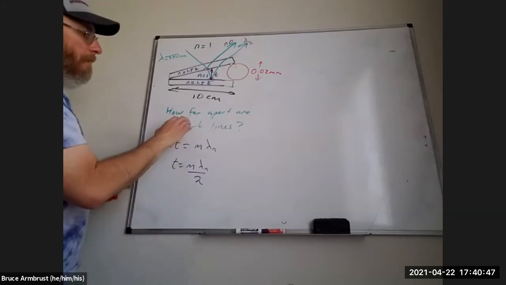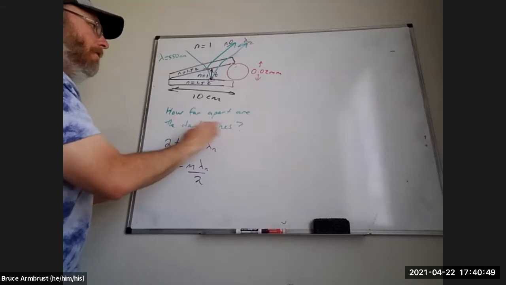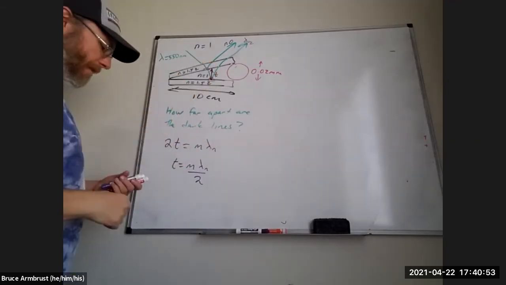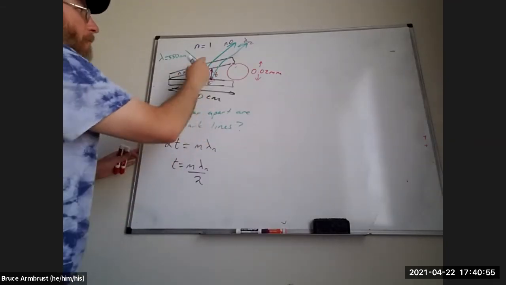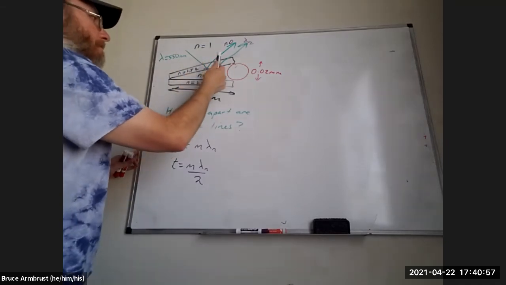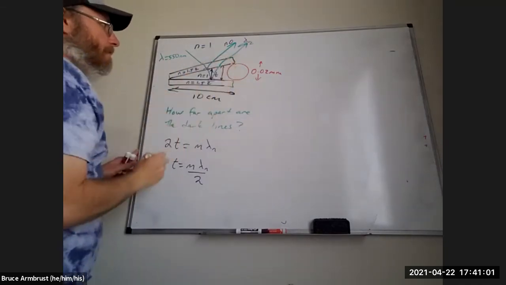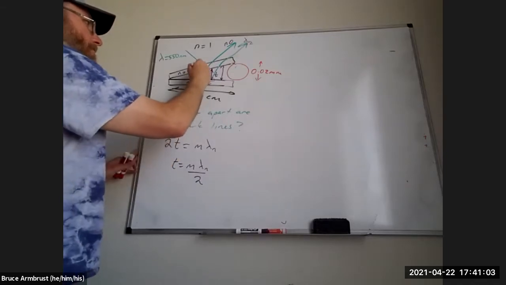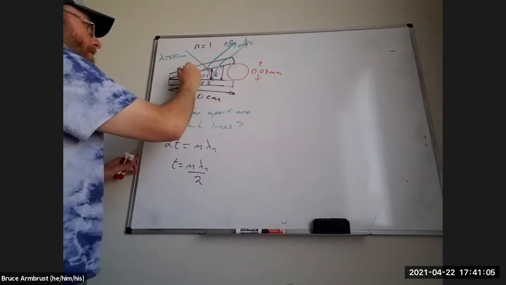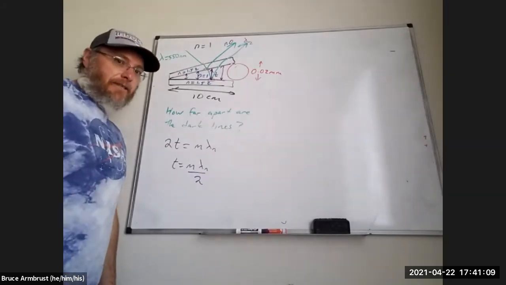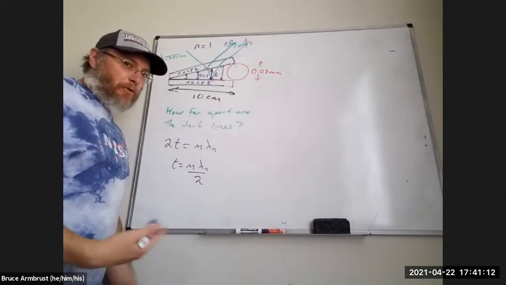All right, so remember what we're trying to do is figure out how far apart the dark lines are. So let's say that this is one of the dark lines, or where one of the dark lines happens. There's going to be another place where there's a dark line. Let's say that's here. And then there's going to be another place where a dark line happens, and so on, where those thicknesses are such that we're getting the right multiples.